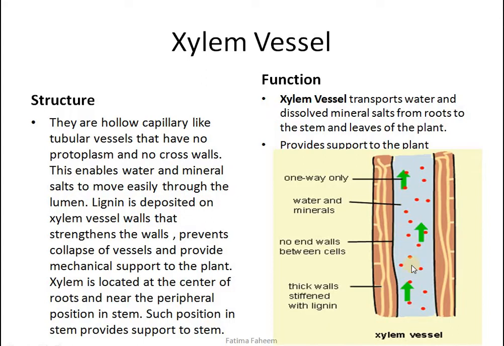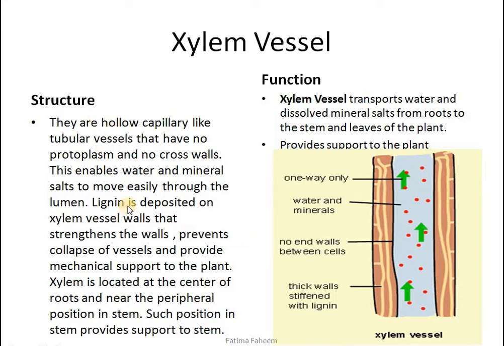The hollow continuous lumen, or hollow continuous tube-like structure, facilitates the transportation of water and mineral salts from roots to the upper parts of the plant without any obstruction.